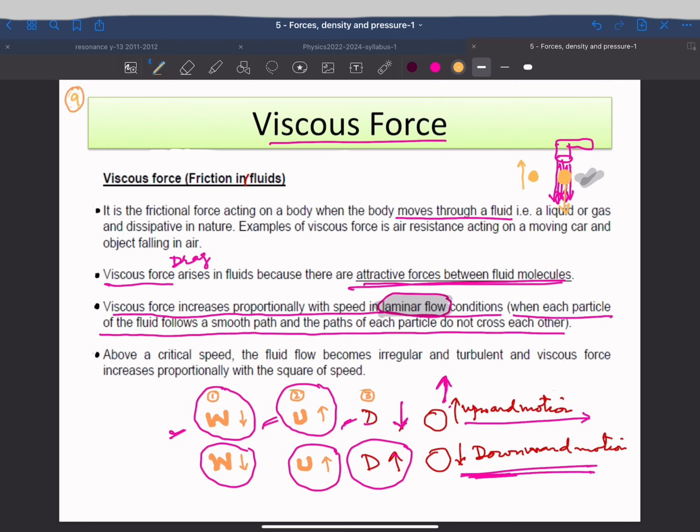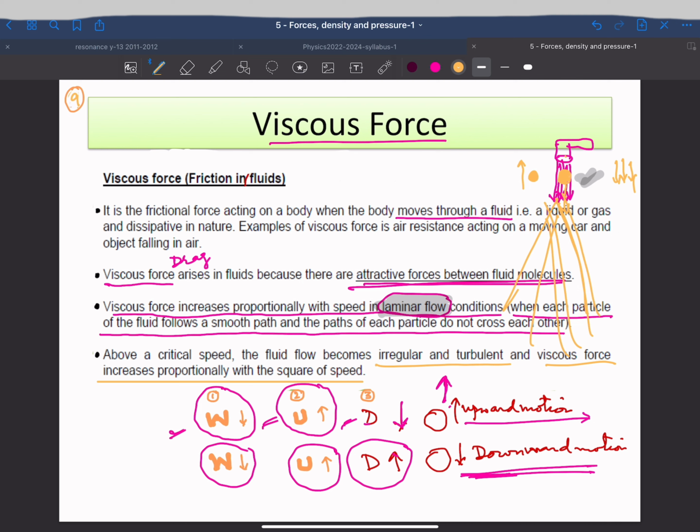So be careful. Above a critical speed, the liquid flow becomes irregular and turbulent, and viscous force increases proportionally with the square of the speed. Actually, we need not go into that detail, but remember what the turbulent or irregular flow is. You can simply consider the case of tap water: all the lines are falling straight down here. But from a distance below the tap, suppose you have a situation like this, that they are spreading out.